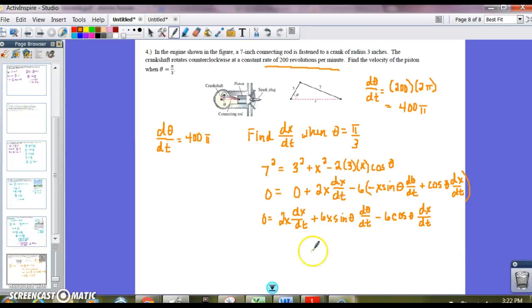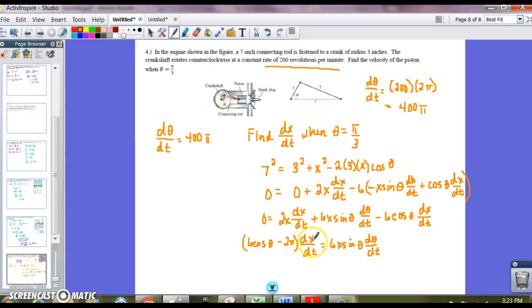So from here, if I just do some algebra, I want to get all of the dx dt terms on one side. So I'm going to move my two dx dt terms. So I end up with 6 cosine theta minus 2x times dx dt, and that's equal to 6x sine theta d theta dt.